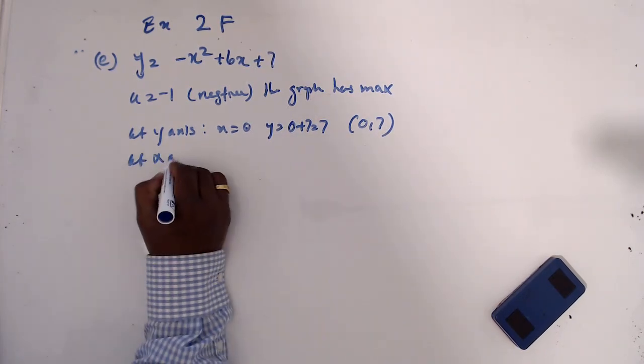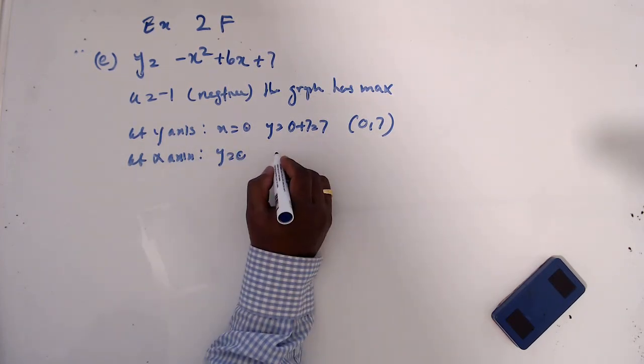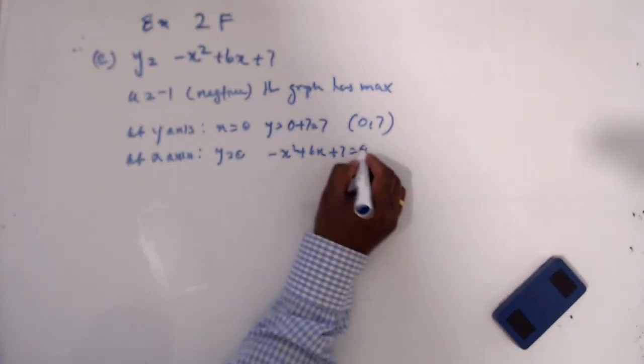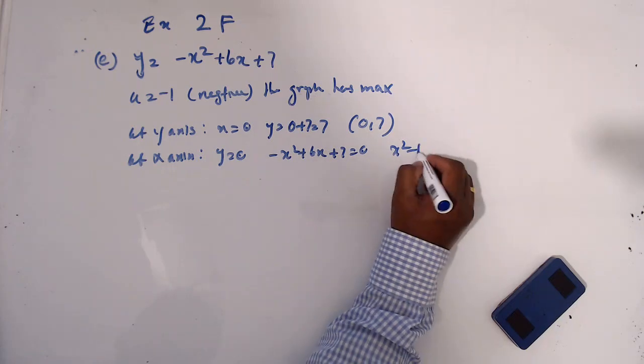At the x-axis, y equals 0. I multiply by minus 1.